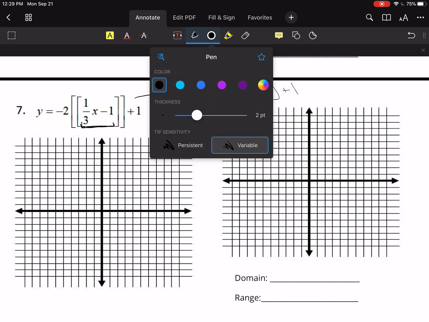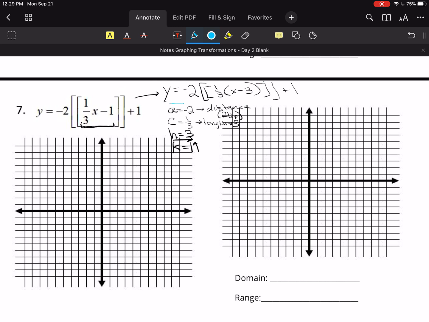Now, I'm going to handle A and C first, okay? That's kind of a good tip here, and I'll write that at the end. You always kind of want to start with A and C, and then do your left, right, up, down, if there is anything. So, starting at 0, 0, because we're not going to shift left, right, up, down yet.